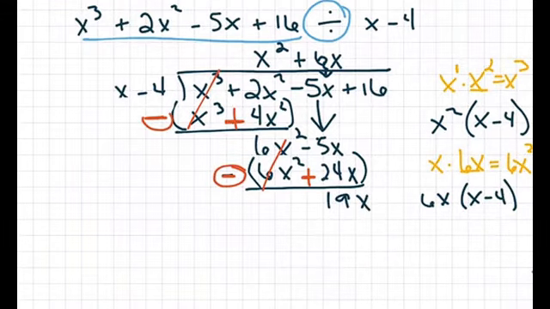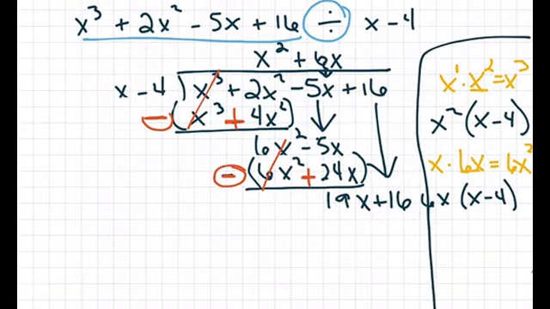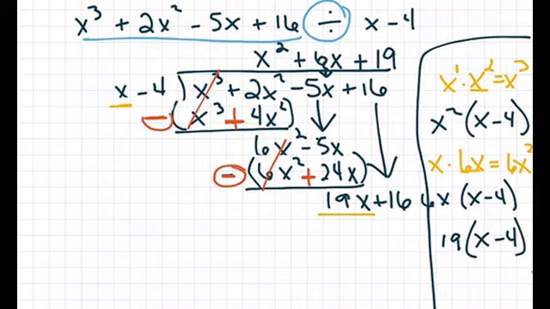Okay. Continuing to follow the process, I bring down my next term. Okay, back to the beginning of the process. What do I have to multiply x by to get 19x? I just have to multiply it by 19. Multiply that, 19 times x minus 4 gives me 19x minus, I believe it's 76.